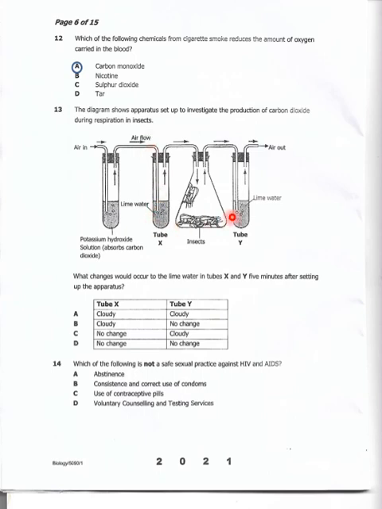So here there's lime water, and lime water is an identity test for carbon dioxide. Lime water turns milky when carbon dioxide is present, but remains clear when carbon dioxide is absent.